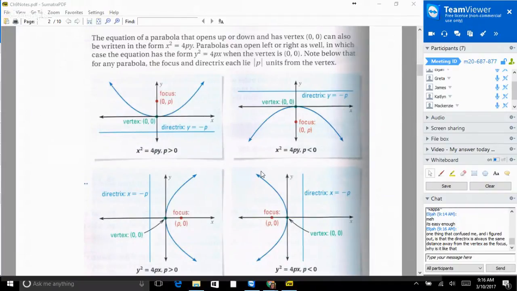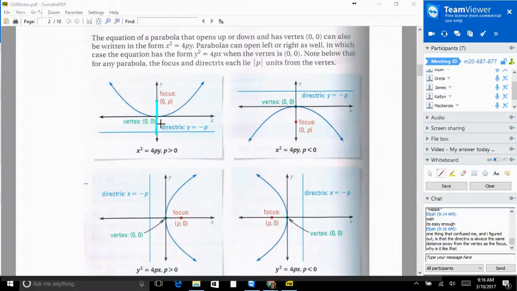Good question. So Elijah says, one of the things that confuses me is I figured out that the directrix is always the same distance away from the vertex as the focus. Which is true, Elijah. Why is it like that? Well, by definition, the directrix and focus are always the same distance from each other, right? So when you're talking about this vertical axis, this distance here, right along the y-axis, has to be equal to this distance here.